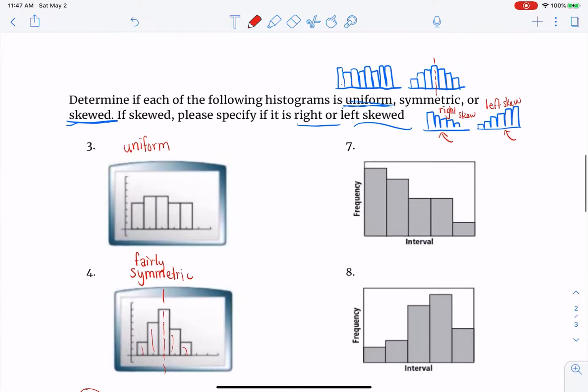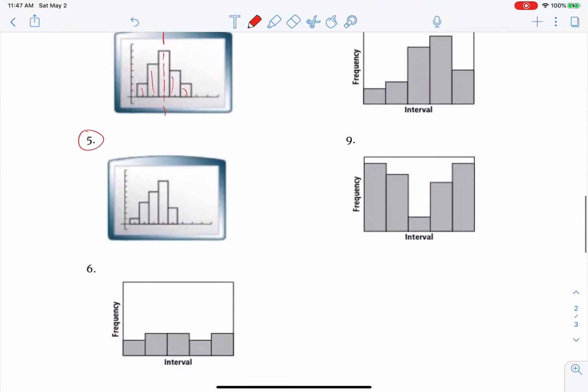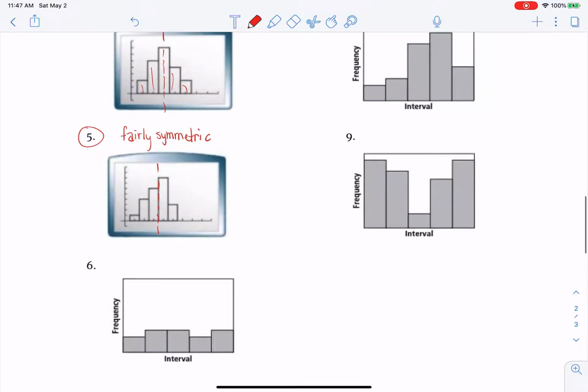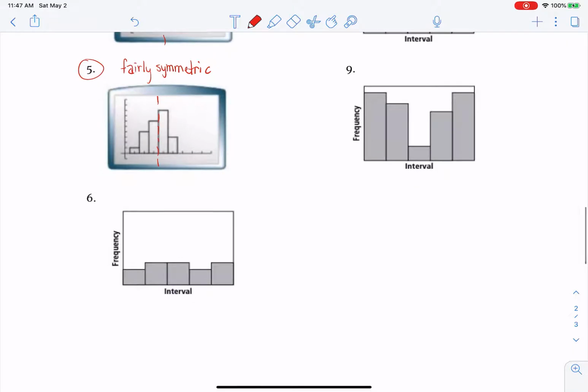So our choices are uniform, symmetric, or skewed. I guess I would still say that it's fairly symmetric. That's not an answer that makes me happy inside, but it's not uniform and it's not really skewed either. So I'd say it's fairly symmetric. Number 6 definitely looks like a uniform one to me.